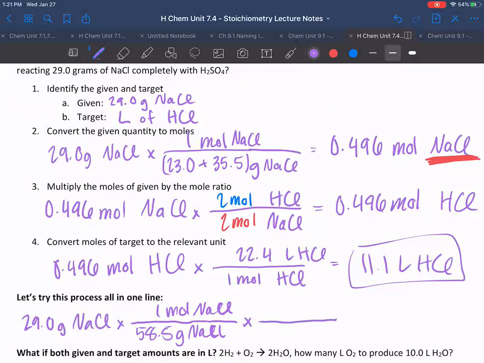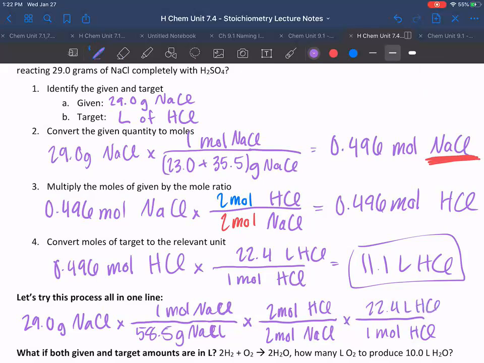Then I'm writing step 3. Now we're going from for every 2 moles NaCl, we have 2 moles of HCl. And then I would do my last conversion going from moles to my target unit of liters. So for every 1 mole of HCl, I have 22.4 liters HCl. And it's going to equal the same thing you got above.